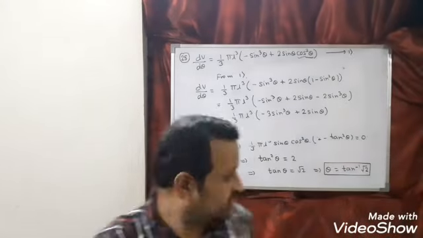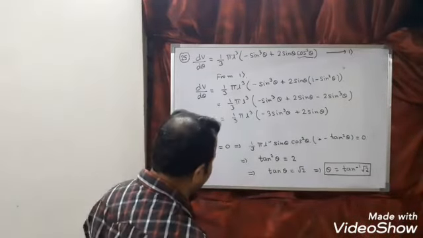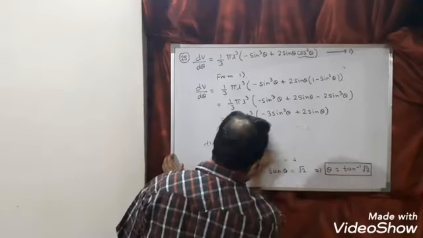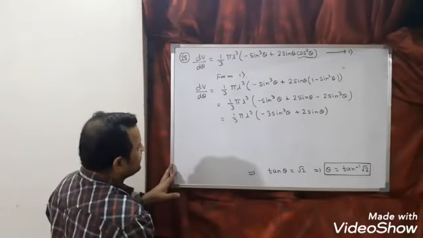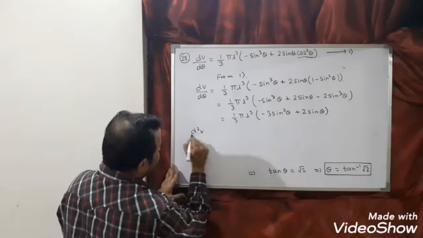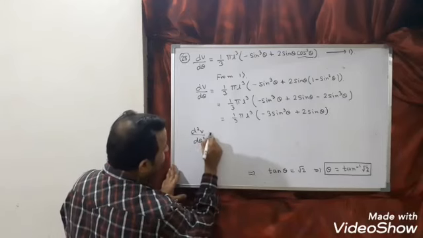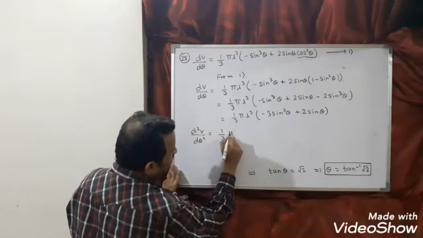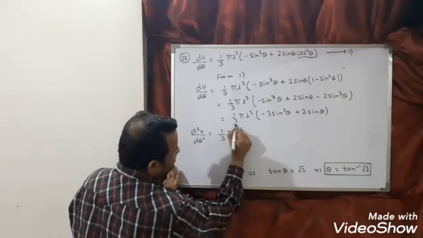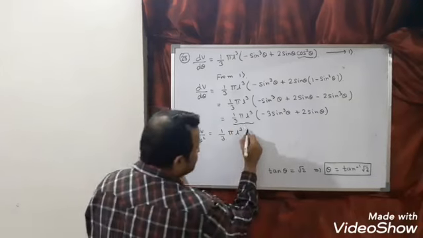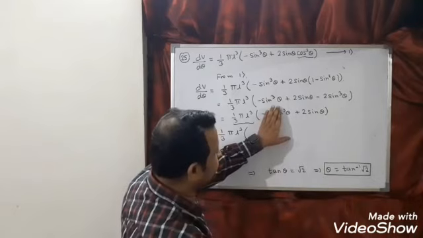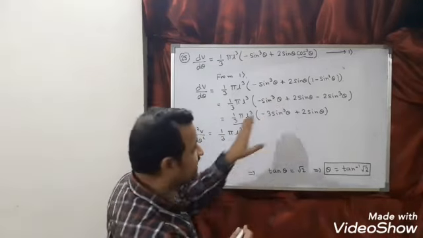We have to find what? Second order derivative, right? So calculate. So here I can say d square V by d theta whole square is equal to 1 by 3 pi L cube, this is constant, so it will come outside. Now differentiate. So take this to be x cube, differentiation 3x square.